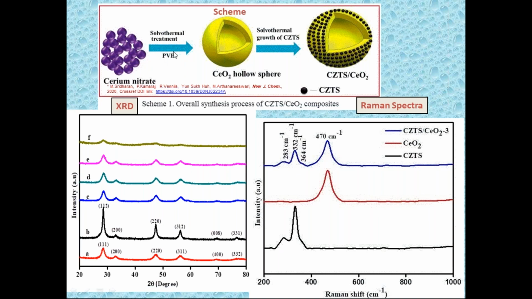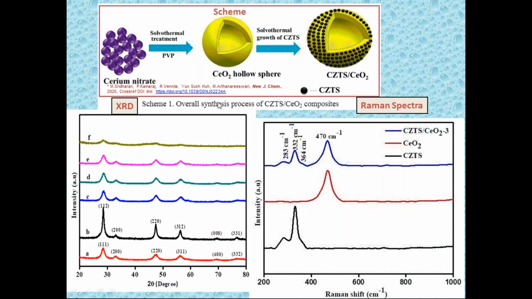When they undergo solvothermal treatment, a CeO2 hollow sphere is obtained, and then the solvothermal growth of CZTS can be done further. So the CZTS-CeO2 composite is synthesized this way.